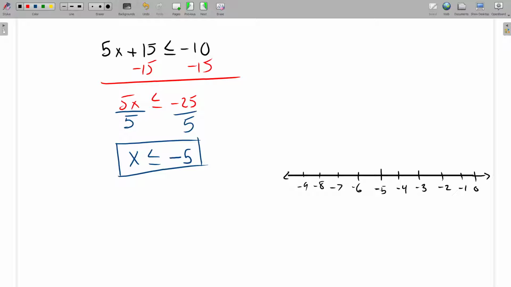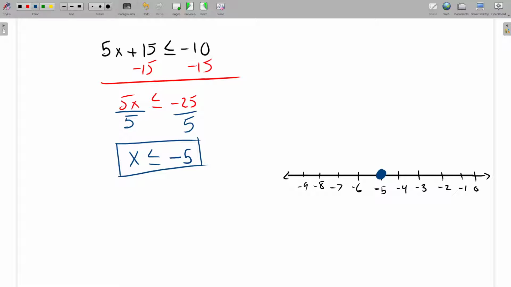So right at this -5 is where we are. I'm everything less than or equal to -5, meaning I'm everything below -5 and -5 because this is less than or equal to. So what does that mean? This point, -5, I'm going to put a nice big circle and I'm going to fill in the circle.